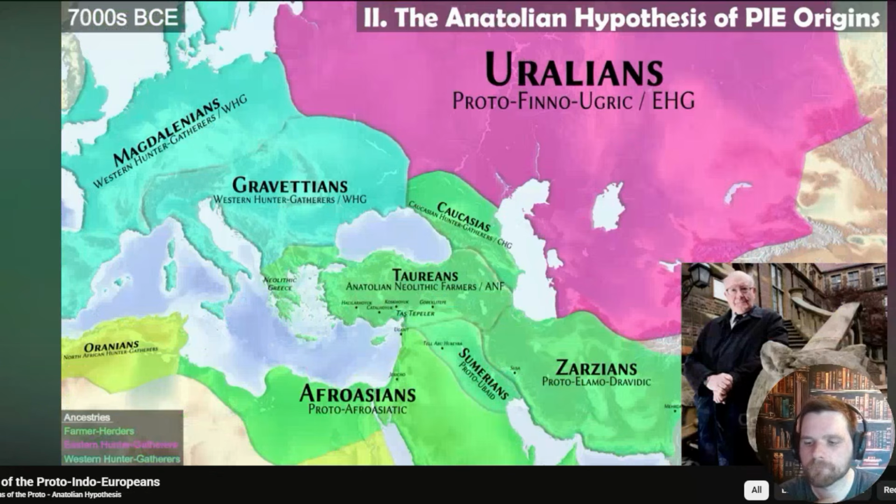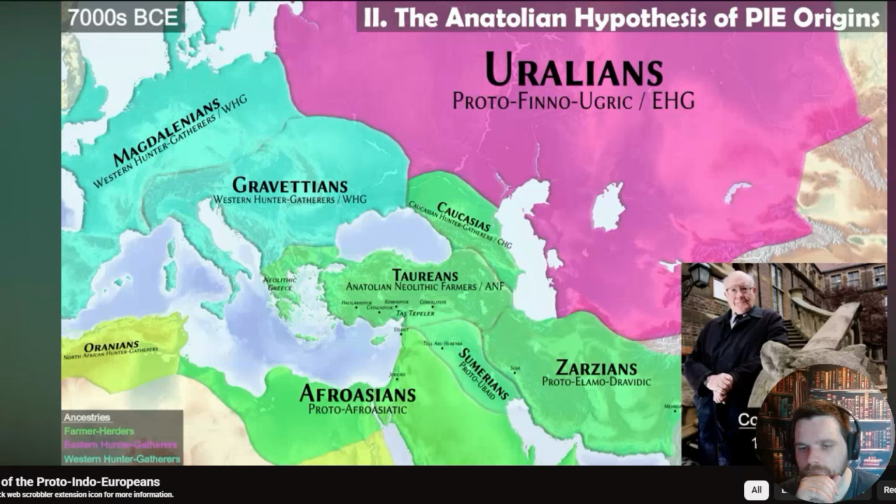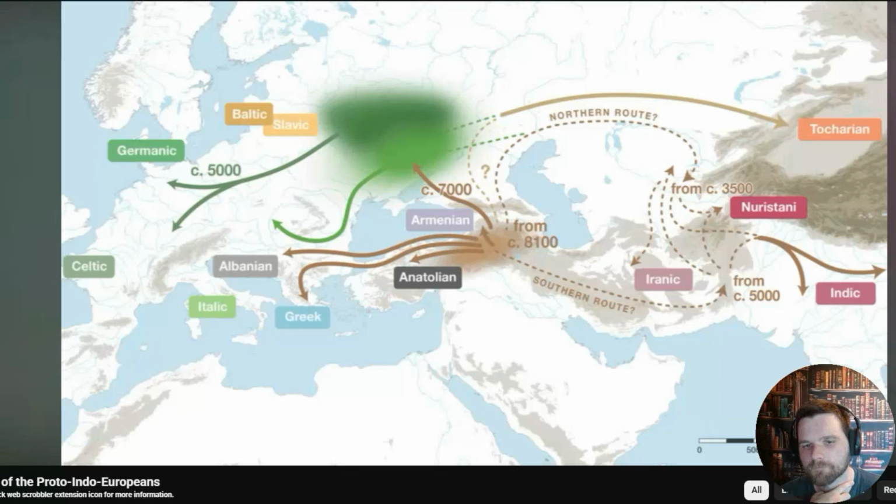The main competing hypothesis is the Anatolian hypothesis, put forward by Colin Renfrew in 1987, who argued that Proto-Indo-European may have been spread by Anatolian Neolithic farmers into Europe, Eurasia, Iran, and India during the agricultural revolution in 7000 BC onward. The most archaic Indo-European language family was Anatolic, that of Hittite, Luwian, and Palaic.